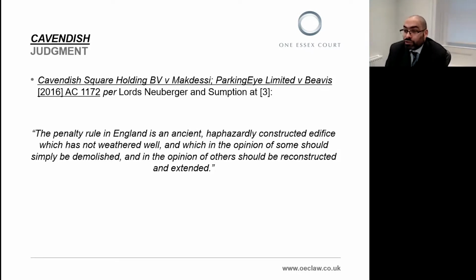You might well think that wasn't a promising start for the rule against penalties, but ultimately the Supreme Court decided not to abolish the rule, and we'll come to their exact conclusion in a moment. But before we do, it is helpful to see how they got there.